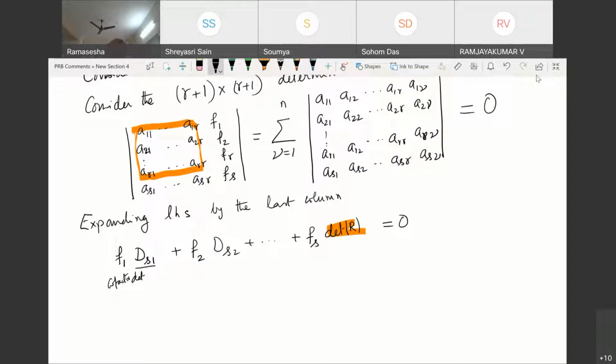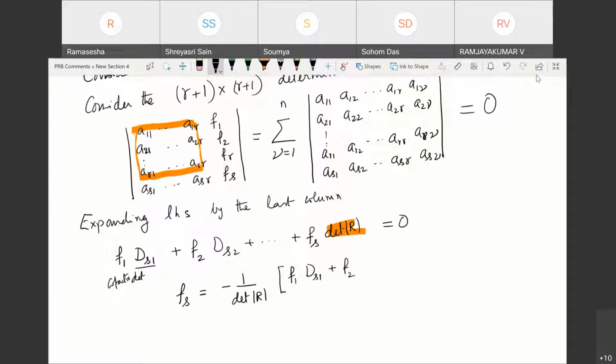So I can write down Fs to be equal to minus 1 upon determinant R into F1 ds1 plus F2 ds2 plus etc. plus Fr dsr.